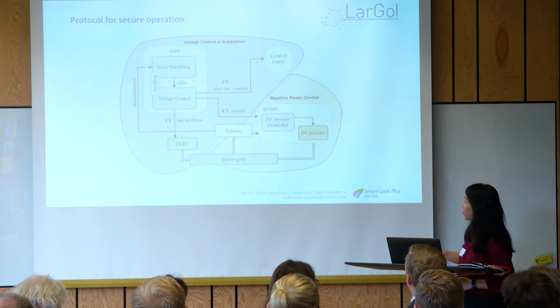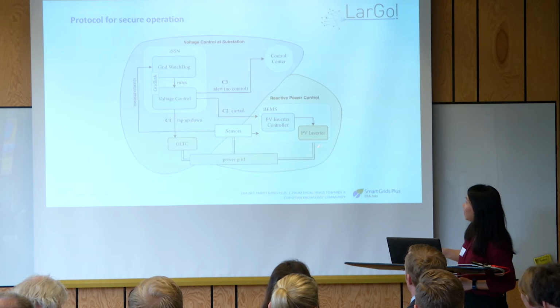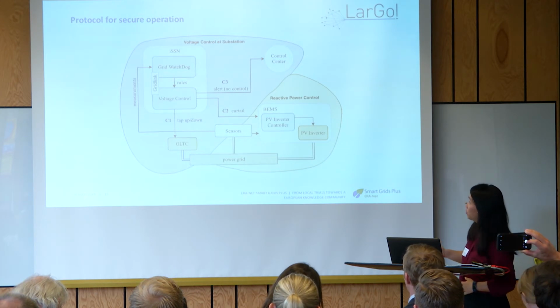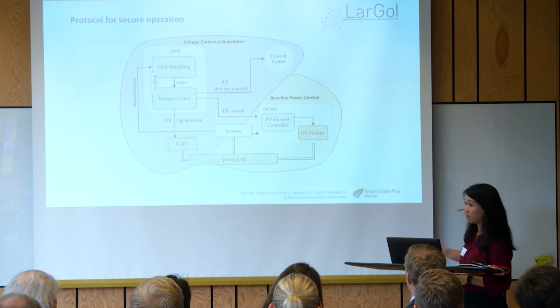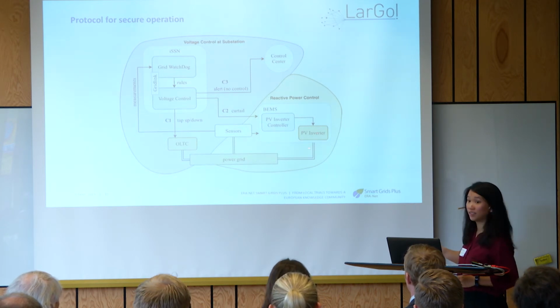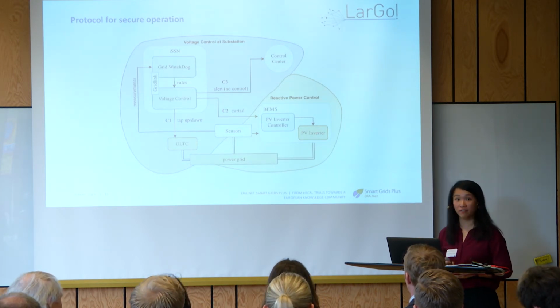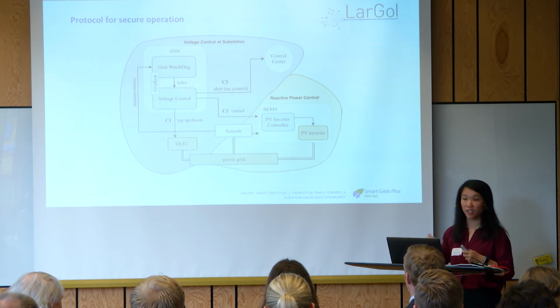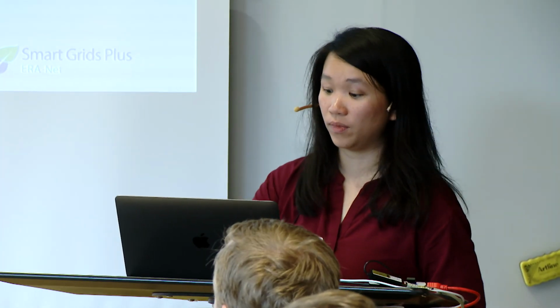It provides the voltage reference, and then this actuates, and we have sensors that measure the voltage at each of the connection points. The photovoltaic inverter then injects and decides based on the software that I've just shown earlier, which curtails the injection of power and influences the voltage at each connection point.